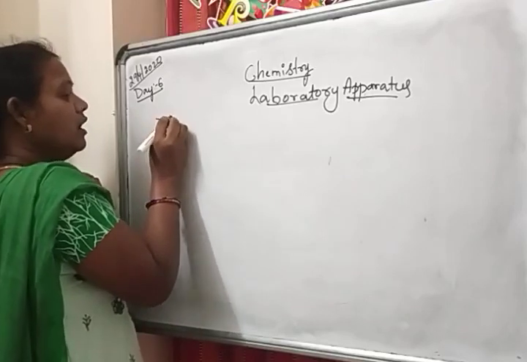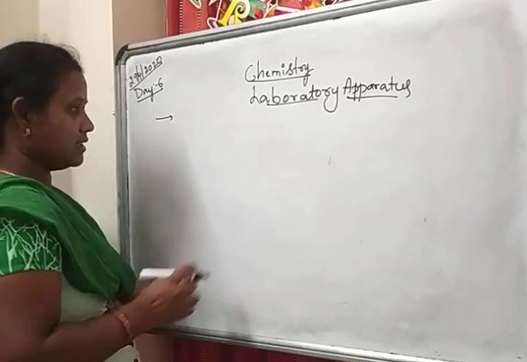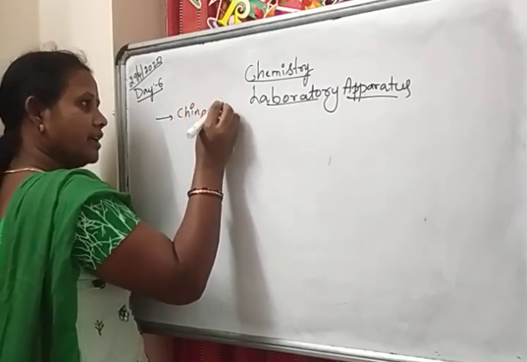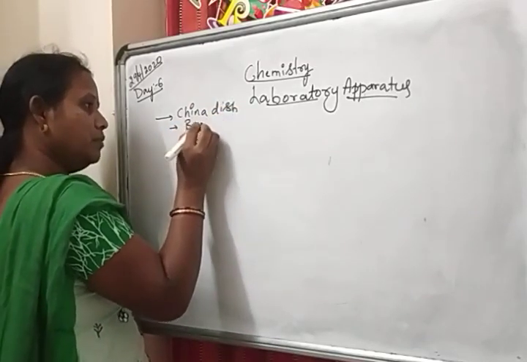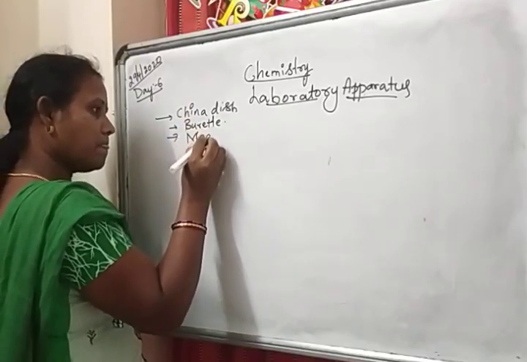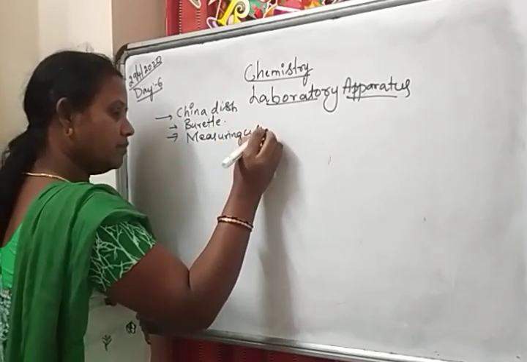Okay. So let us revise what we have learnt in the last class. In the last class we have learnt about the China dish. And we have learnt about burette and measuring cylinder.